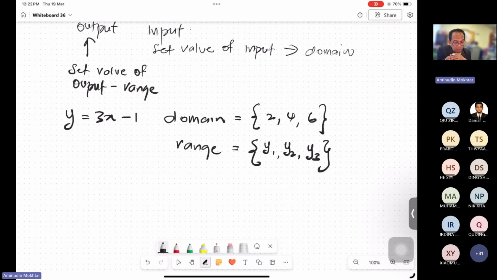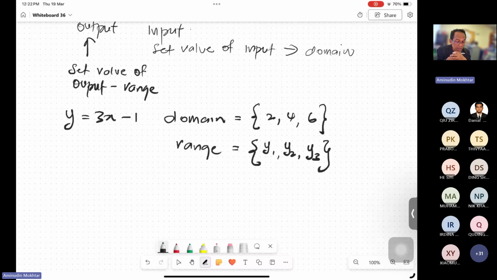How do we find the range, subject to the values of x: 2, 4, and 6? In order to find y, we need the value of x. If x equal 2, y equal what? When x equal 4, what happens to y?